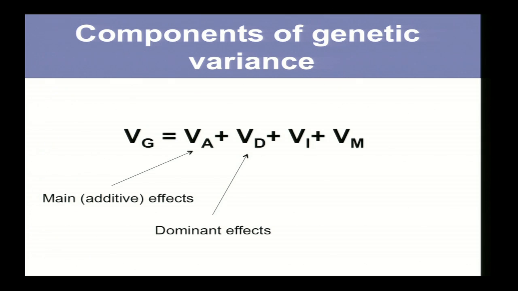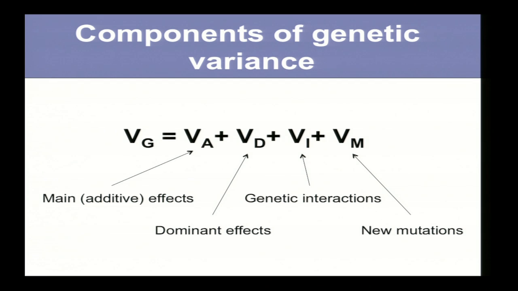So heterozygotes would not be in the middle of both homozygote forms. Then the action of loci may not be independent of each other, and this creates epistatic variance, or interaction term, VI. And some mutations can be picked up on the way, generating new mutations. So these are different contributions to genetic variance.